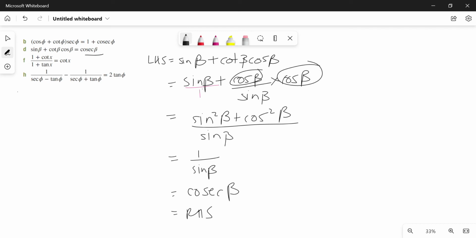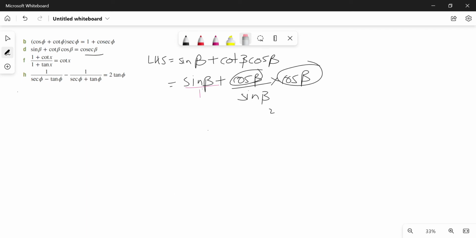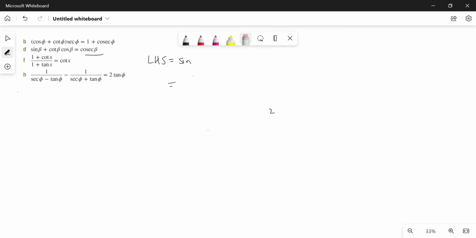Okay. All right. And for F. So again, F, we've got this lovely fraction going on. So we can break it up into sines and cosines if we want, which is kind of what I want to do. And last time I didn't, so okay, I won't this time either.